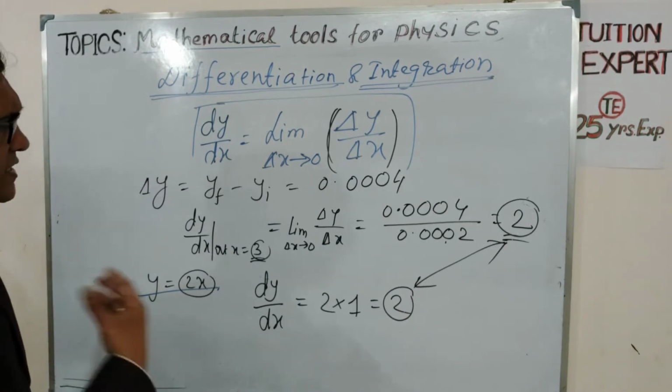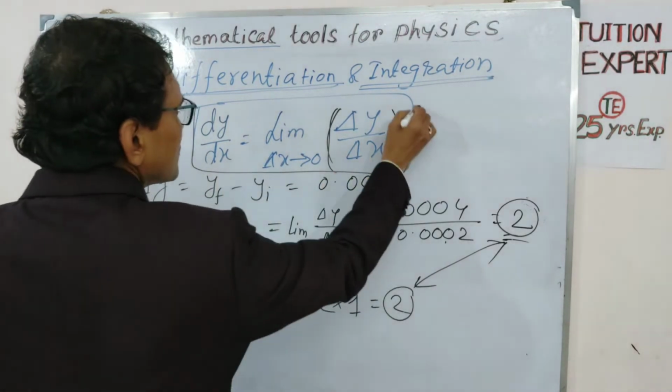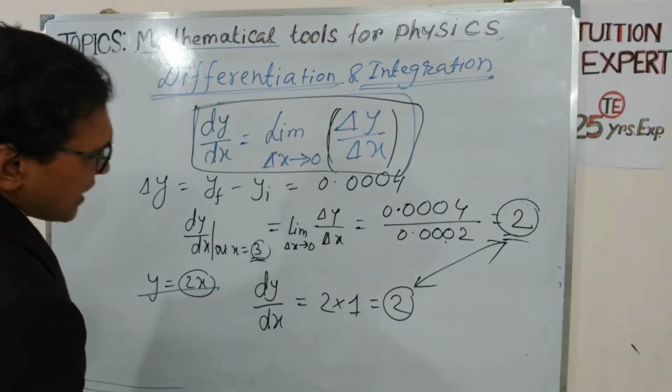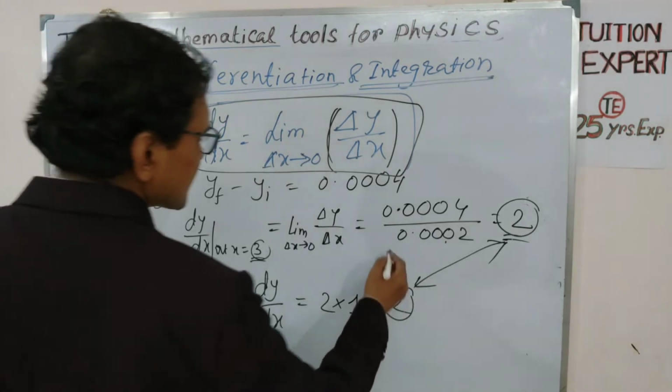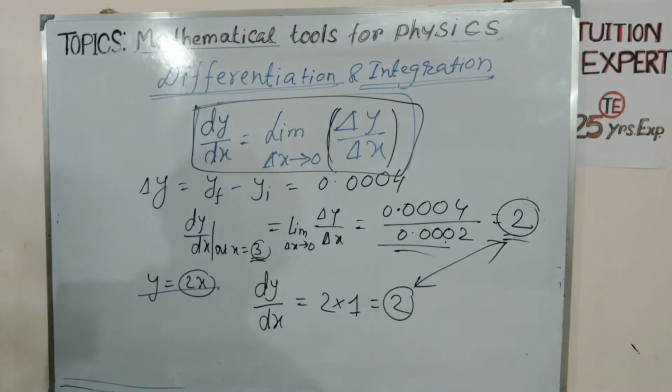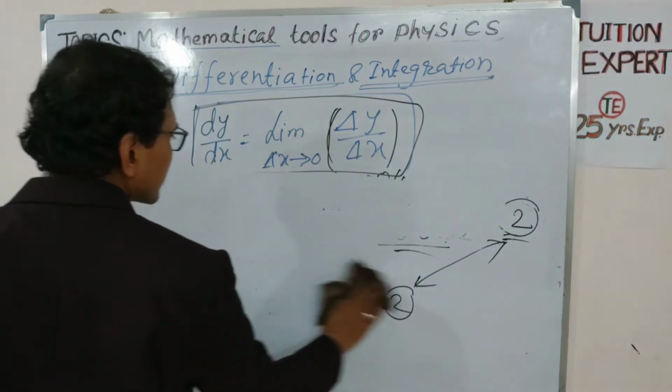Now to differentiate a complex function, you have to memorize the formula. This is the actual definition of differentiation. The basic concept of differentiation I have presented with a numerical example. Now to do the problems, you have to memorize the formula. What is the formula of differentiation of higher power?